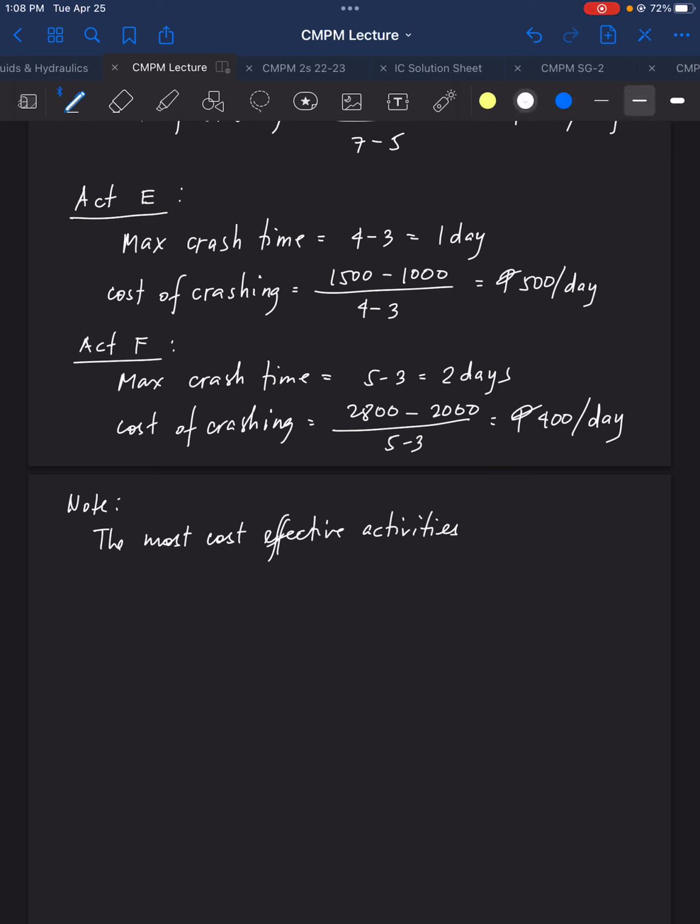So the most cost-effective activities to crash first are those that have the least cost of crashing.